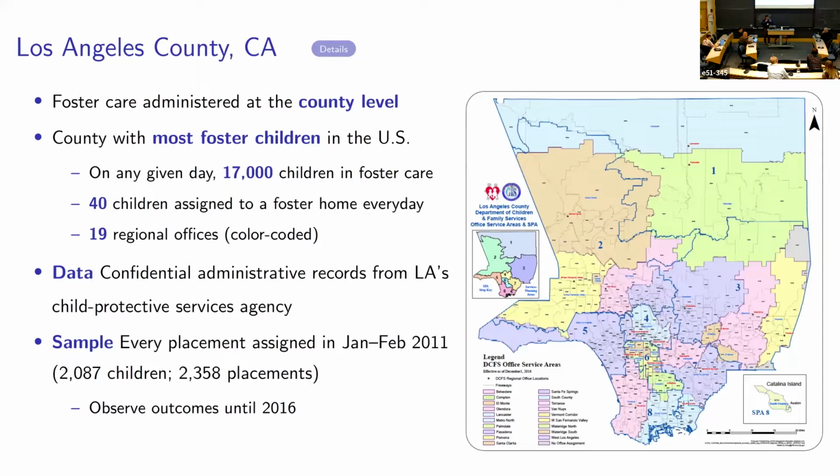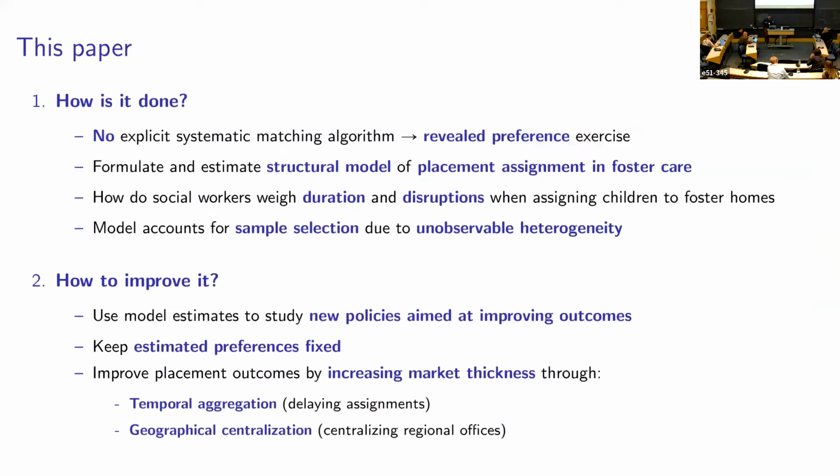Now, with this setting in mind, once I have estimated the model, I'm going to look at 2 types of policies that I think are going to improve outcomes. Basically, I'm going to look at market thickness. Given the design of the system, the fact that children are being matched every day as soon as they enter these regions, I'm going to ask: if we increased market thickness, how much better would assignments get? There are 2 ways in which we could increase market thickness.